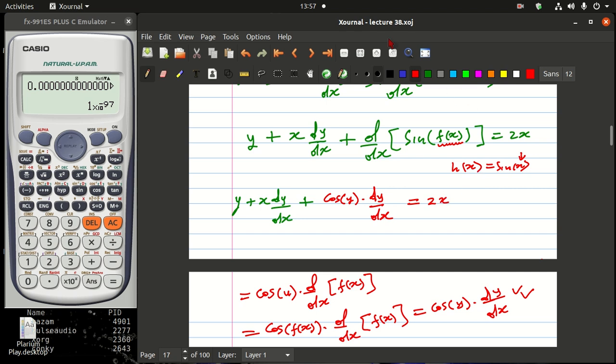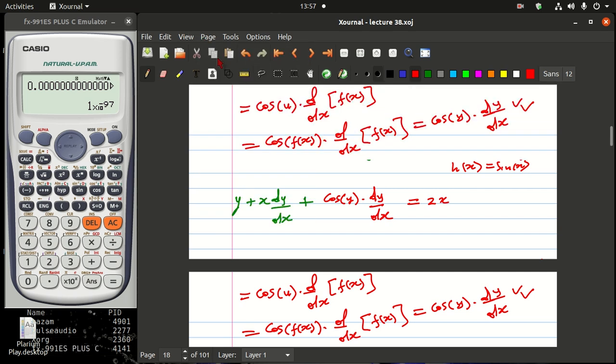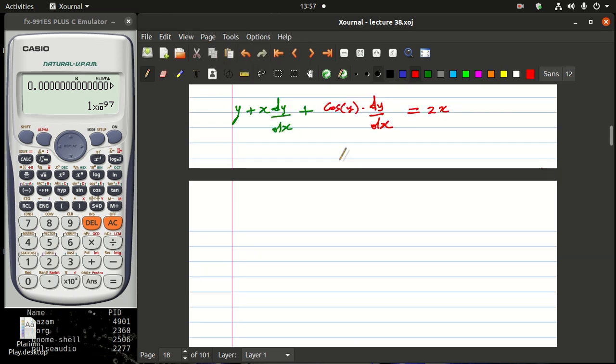And then I'm just going to add a new page. So this page is just saying that I'm going to take this y to the other side, so I'll be left with everything that is x dy dx plus cosine of y dy dx, because this one is going to the other side, and then I'll be left with 2x minus y, because it was positive, that side is going to be negative.